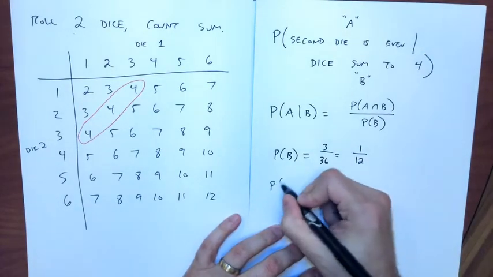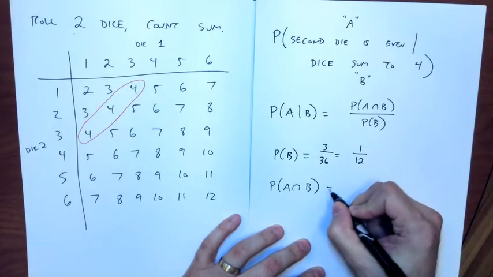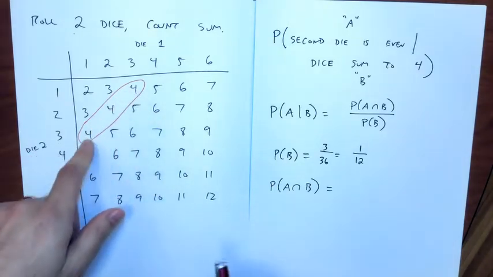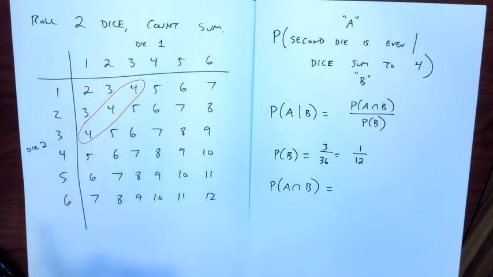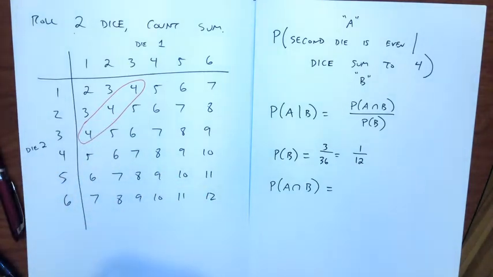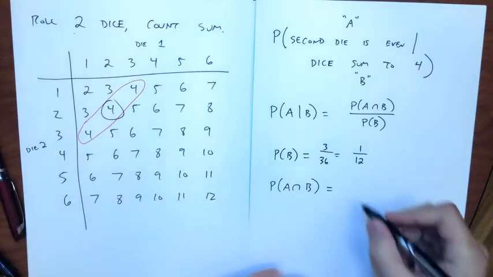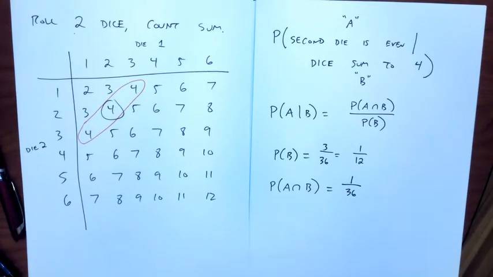And then the probability of both of these things happening, A intersect B, well, that means that not only am I in this red region, but also the second die is even. Turns out there's only one way that can happen, which is this guy. So there's actually only one outcome where that's true. So this outcome is 1 over 36.